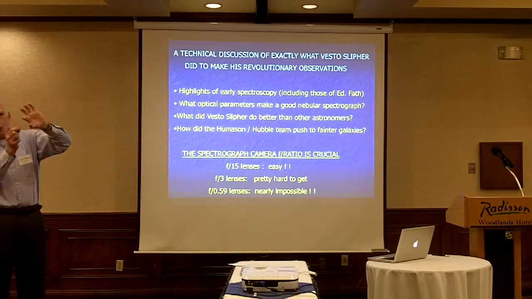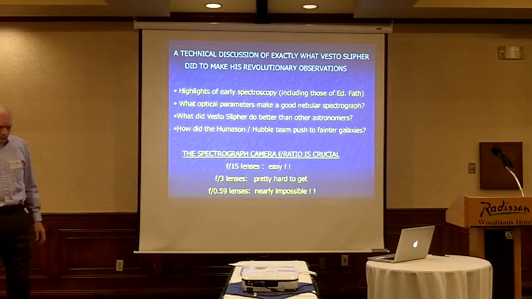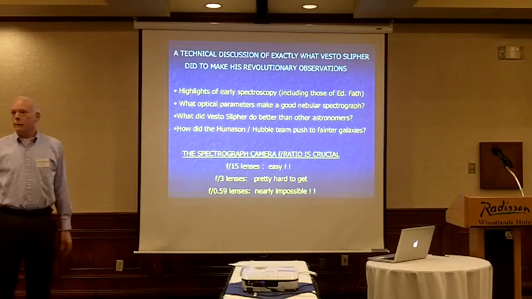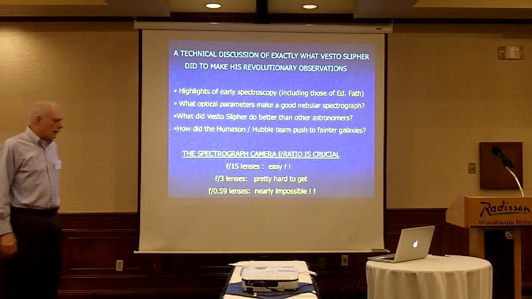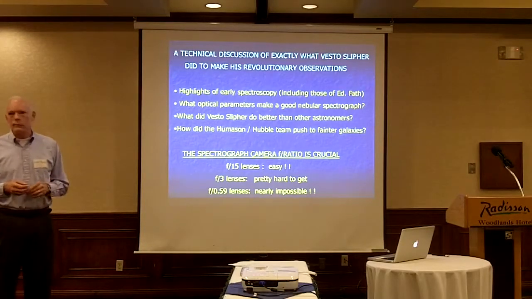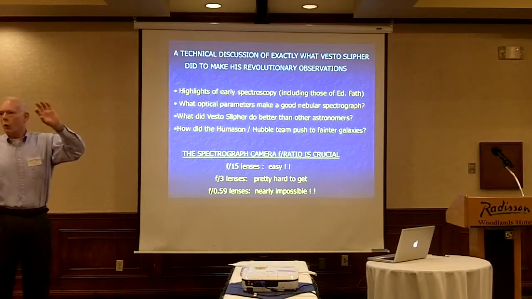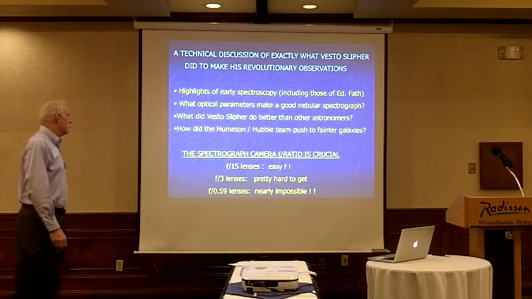The minute you get to f1, which is the ideal way that nebular spectrographs work, it's hard optically to get good images. And the initial spectrographs that were built historically, I'll give the names here of Bunsen and Kirchhoff, were all long focal length lenses because they gave good images.